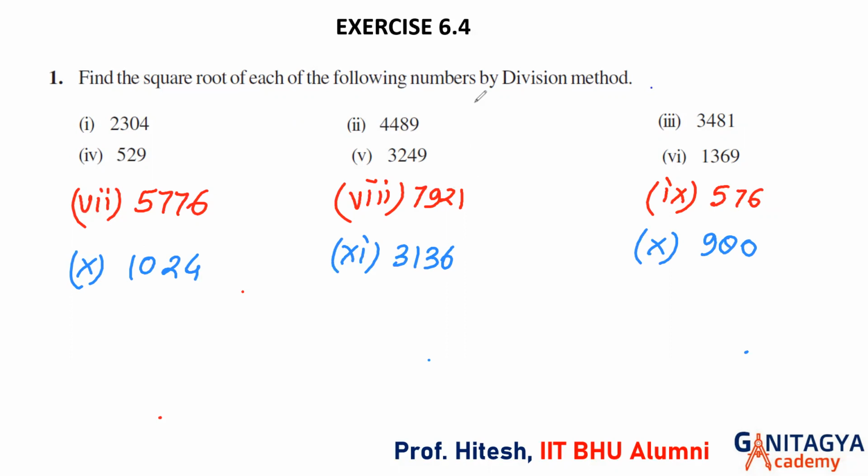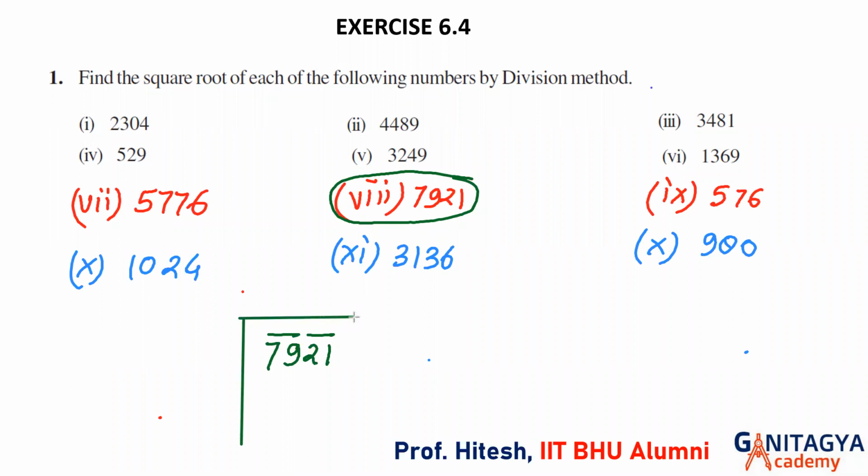That is question number 8, 7921. For 7921, I will make a bar like this. Then we will go for the division. For 79, what will we take? 9 nines are 81, so we go for 8 square. We will write 8 here, 8 here, 64 here, and 16 here, double of 8. So 79 minus 64 will be 15, and then we will take 21 here.